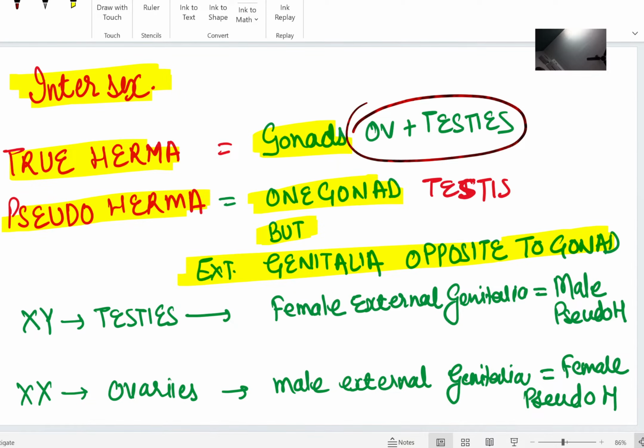Is it okay? Okay. Now, what will we take? We will say female. We will say that human being is female if the external genitalia is female, or if the gonads are of the female.